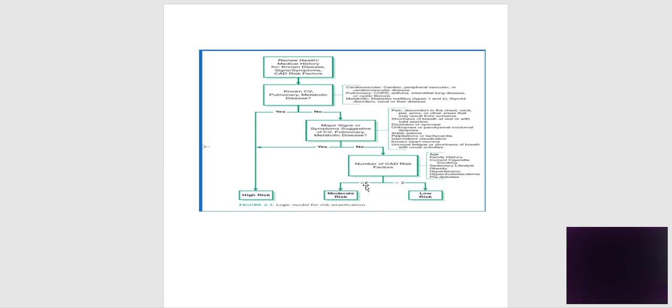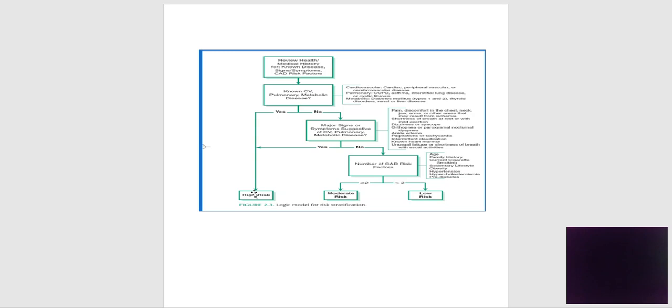Okay, you'll notice right here that if it's greater than or equal to 2 risk factors counted, they are considered moderate risk. Let's say we didn't count any of them. Let's say they're at a 0. All right, if they are 0 risk factors, then they are considered less than 2, and then they are considered low risk. So this is risk factor stratification. Okay, we're trying to determine, are they low risk, moderate risk, or high risk?